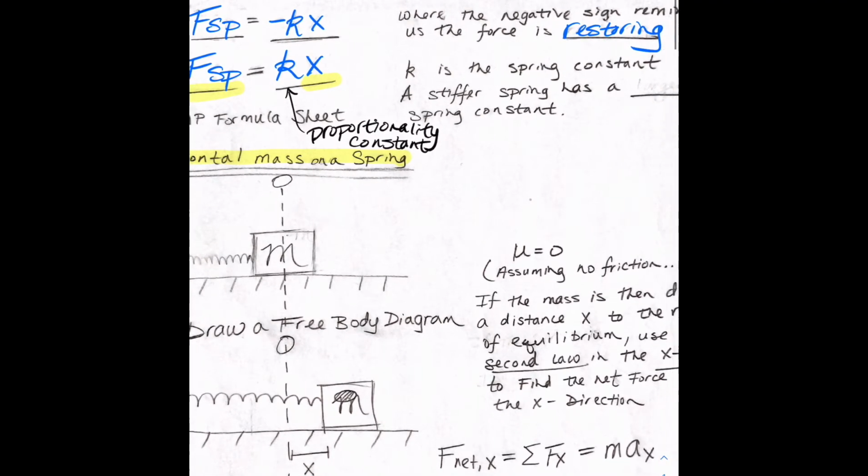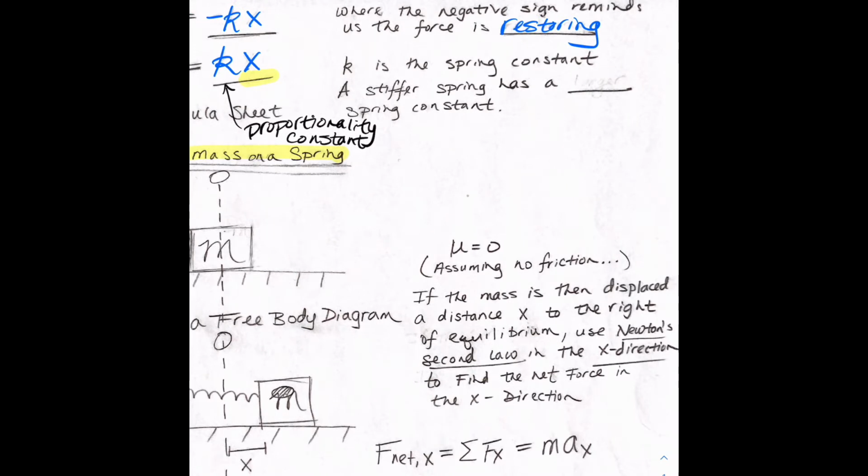And that's why force spring and distance are proportional. So k is also called the spring constant. A stiffer spring has a larger spring constant. That's important to remember. Larger spring constant, or k.